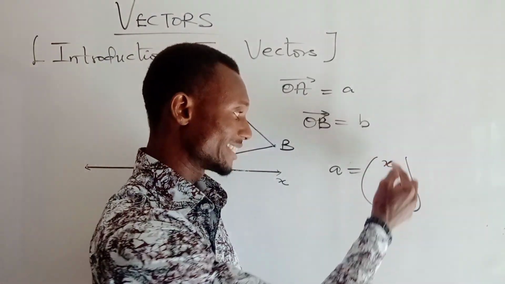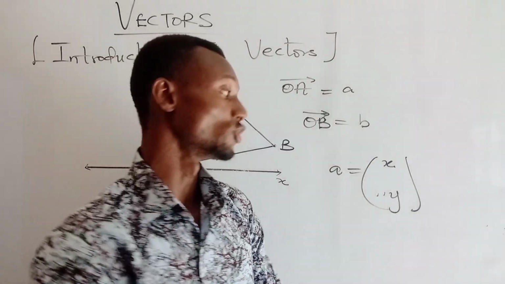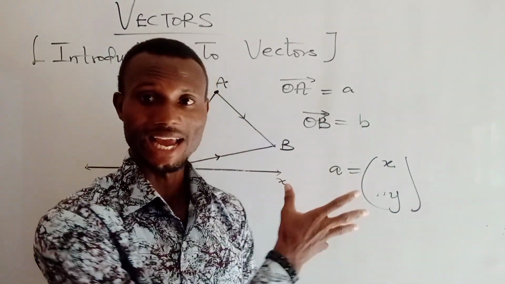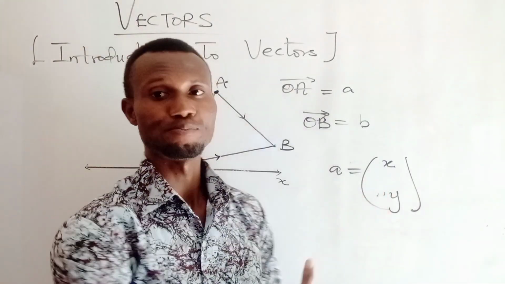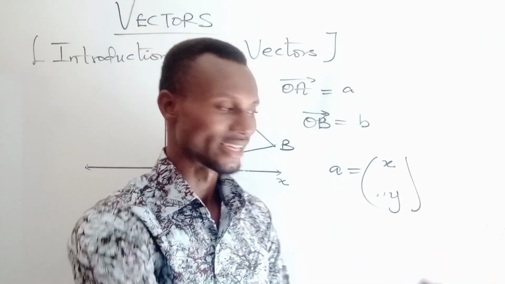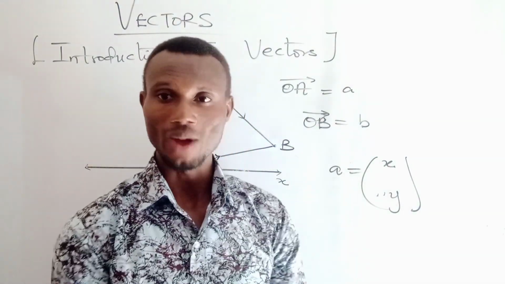The x here and the y here refer to the components of the vector, which is the vector A. I hope you understand up to this point. Now the x here simply means a measurement along the x-axis, and the y here simply means a measurement along the y-axis.